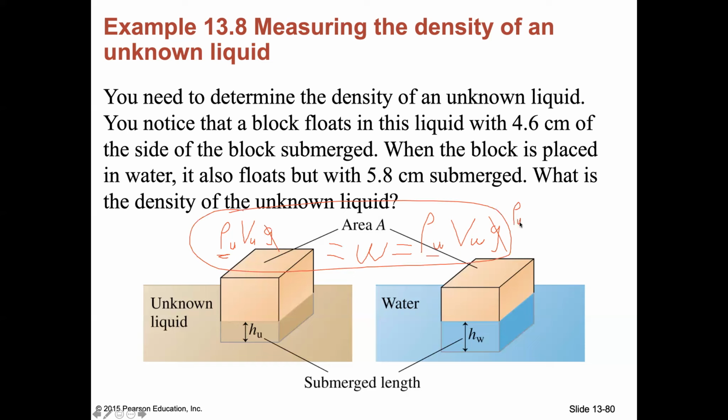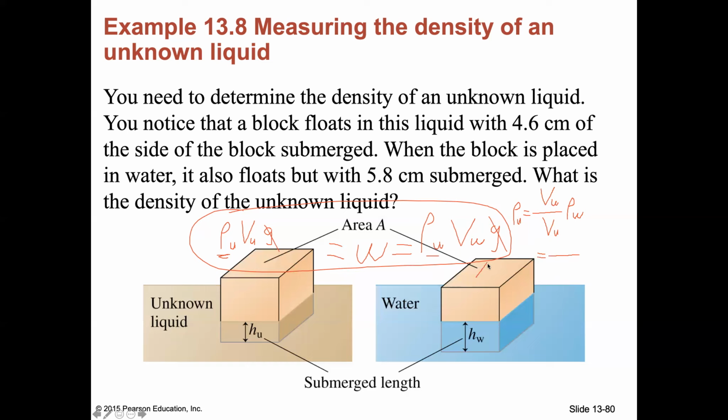In this way, rho unknown equals, let's say, V water over V unknown times rho water. From this equation, you can easily get this equation, right? And then V water equals what?